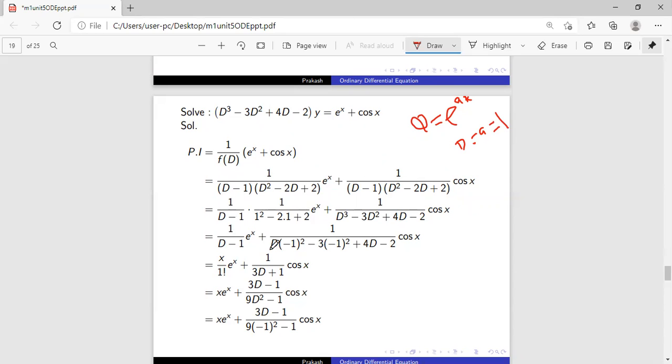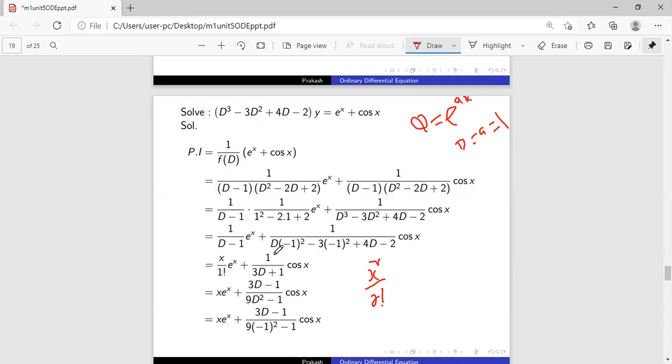So what is our formula? If the root is repeated r times, then our formula is x^r by r factorial. Here r equal to 1.